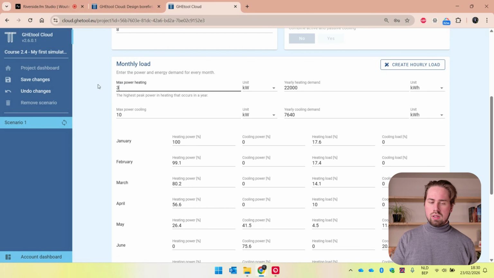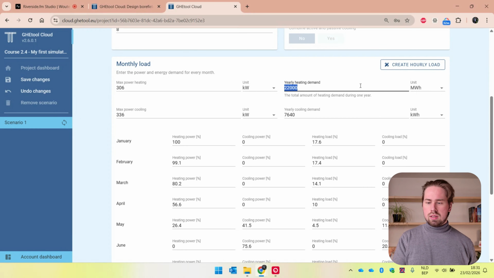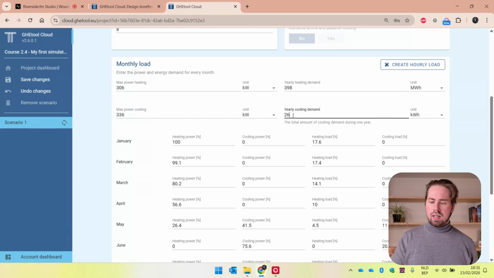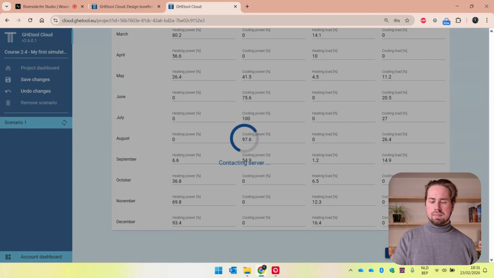So it was 306 for heating, 336 for cooling, and the yearly demand, let's put it in megawatt hours to keep it easily readable, was 398, and here it was 269 megawatt hours. So let us go ahead and simulate that.